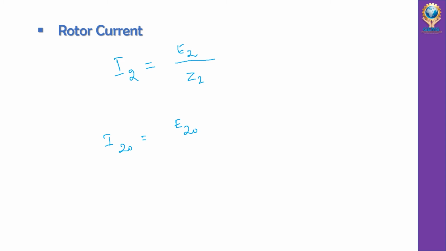Z20 means simply the s term will not be there. Initially E20 divided by root of R2 square plus X20 square.